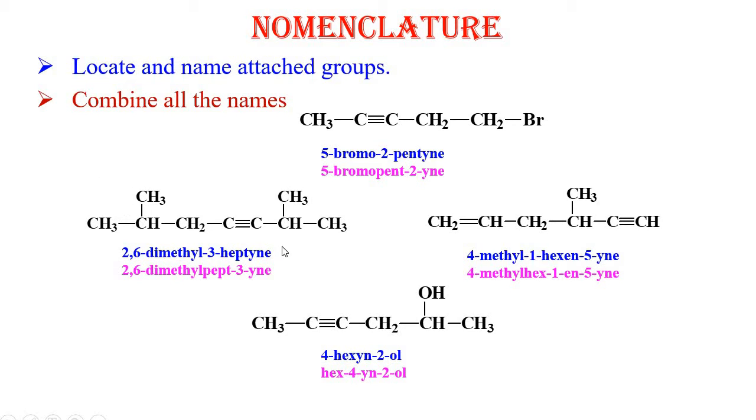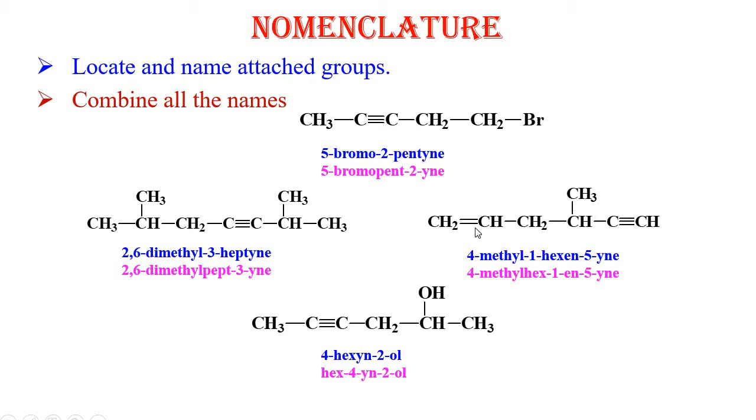In the second compound, numbering is done from that side where the triple bond gets the lowest number. So 1, 2, 3. It is a 7 carbon compound, heptane. So the name of this compound is 2,6-dimethyl-3-heptyne. Similarly, here both a double and a triple bond are present.